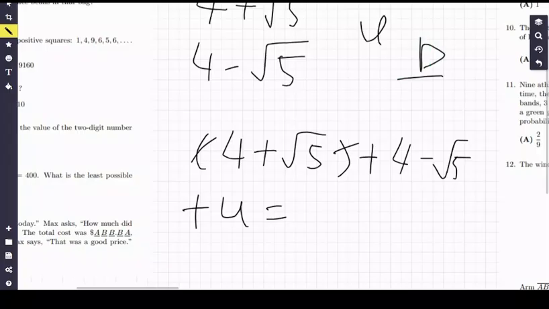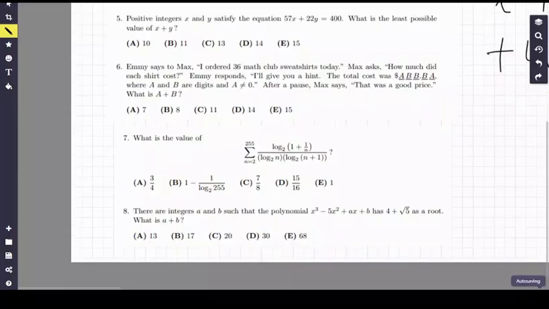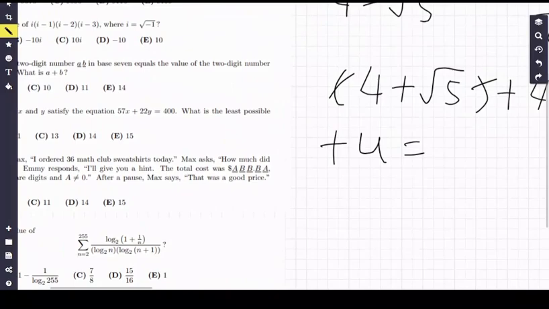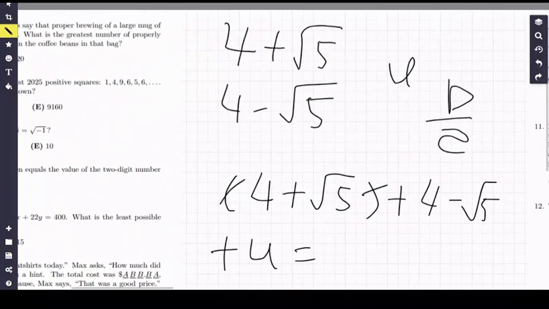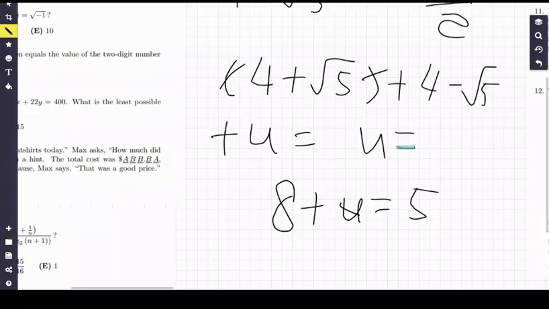Here b is negative 5, so the sum is 5 over 1. So we have 8 plus u is equal to 5, so u is equal to 3.